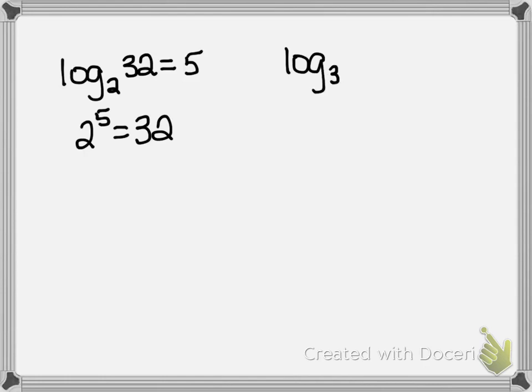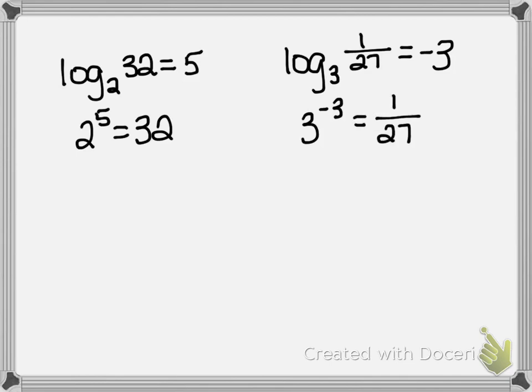So if we did log base 3 of 1 over 27 is negative 3, that's because its exponential form tells us that 3 to the negative 3 would be 1 over 27. And so that's how we've used this property before.